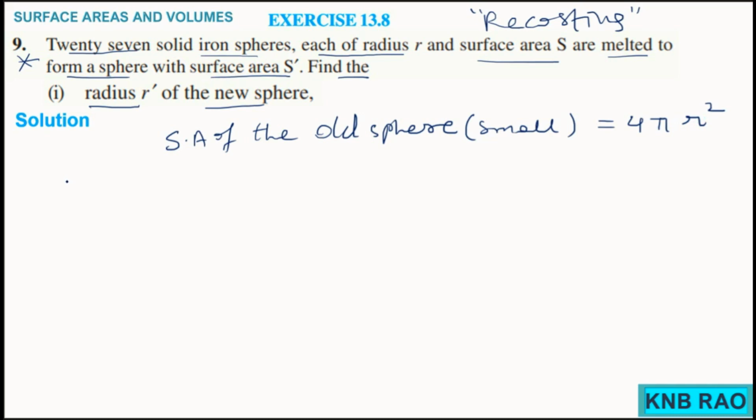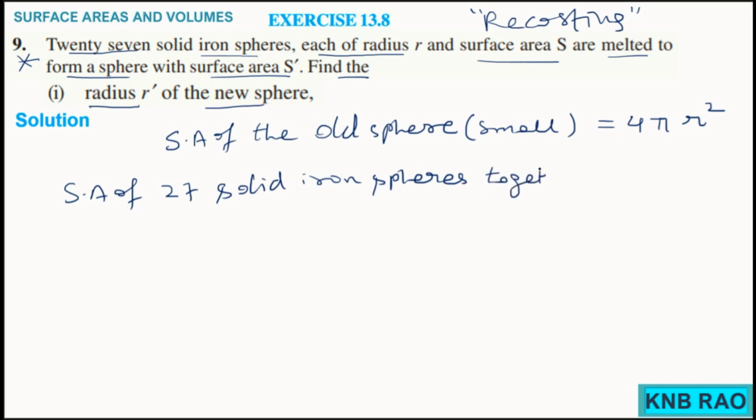Now the surface area of 27 solid iron spheres together will be 27 times of this, which is equated to S anyway.